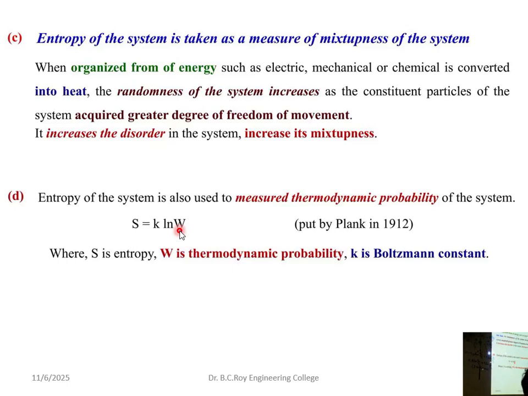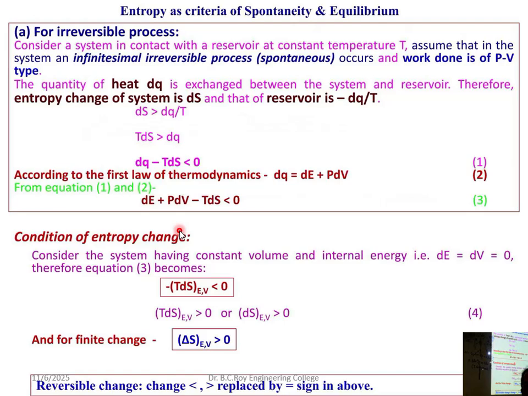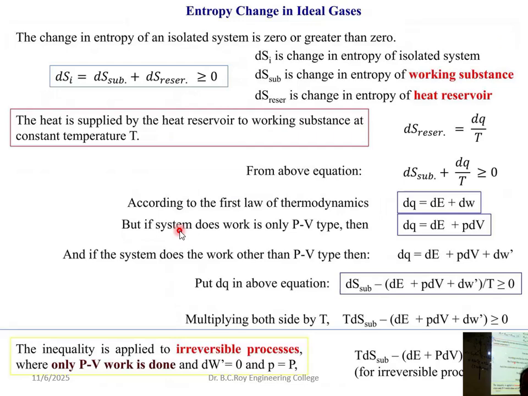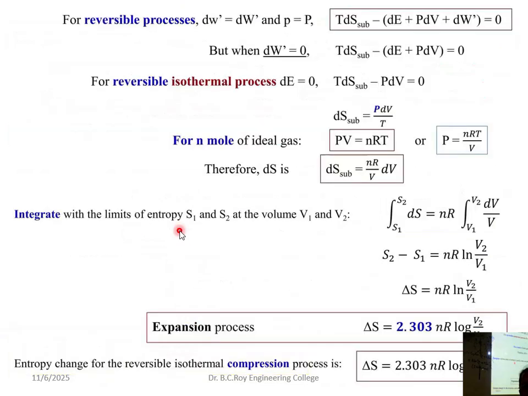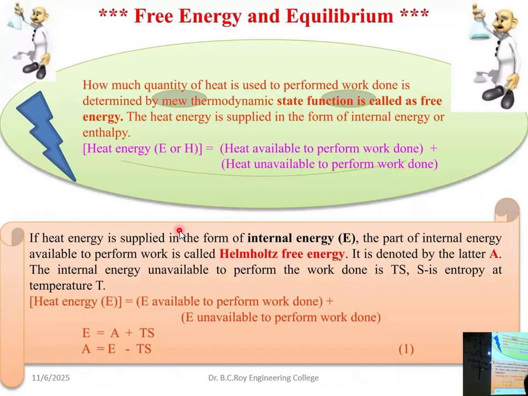How many ways the molecule can move, the number of ways of movement. This is a bit detailed, so I skip it. Calculation I have done already on the board, so I skip it here.